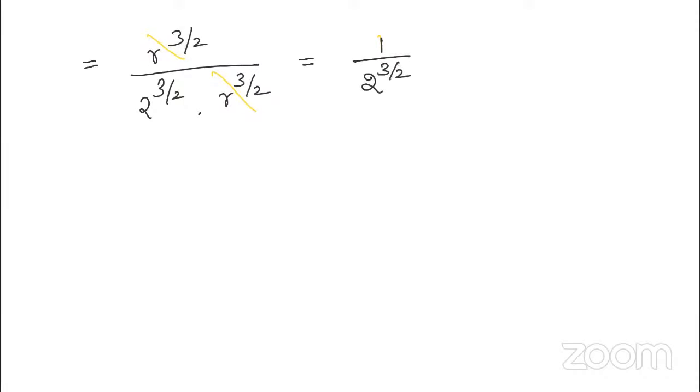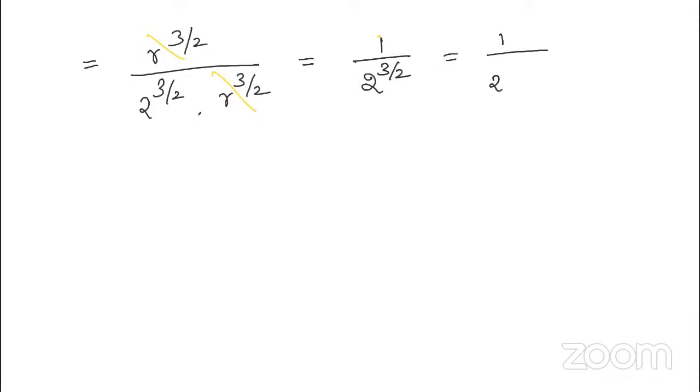Simply, we cancel this r power 3 by 2 with that r power 3 by 2. So here we are having 1 divided by 2 power 3 by 2.